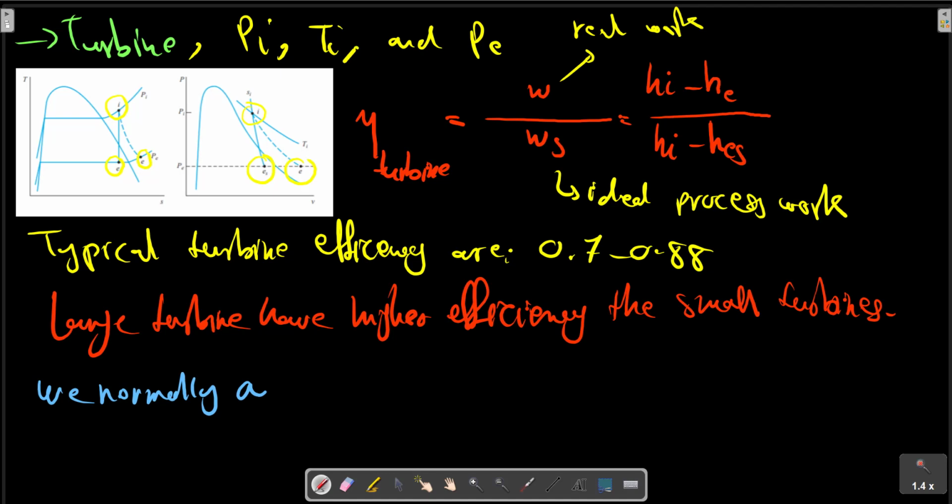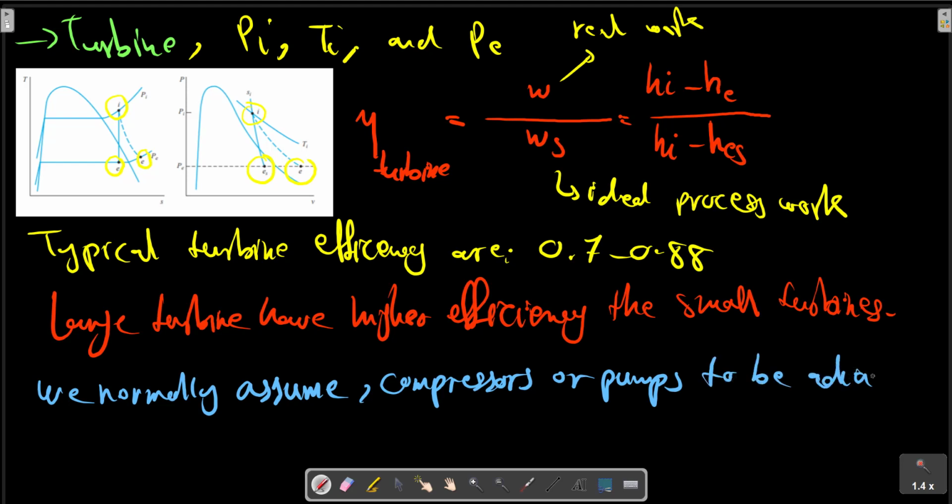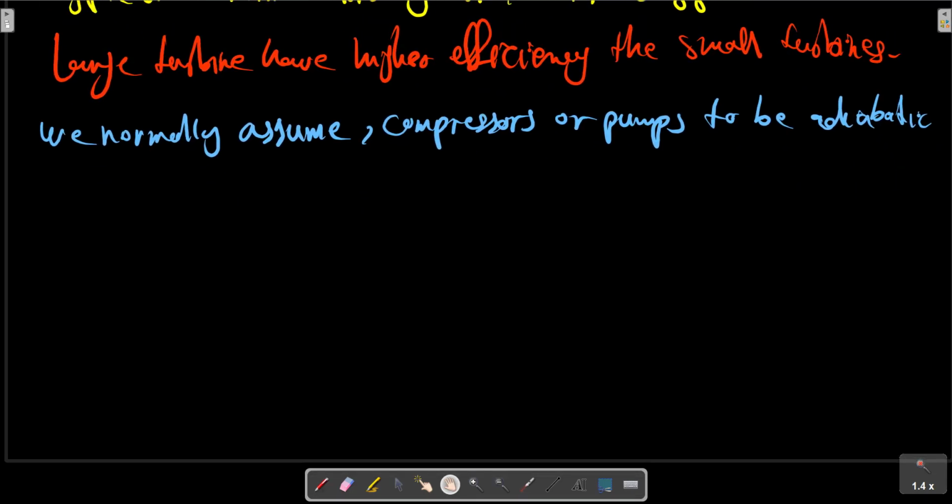In this case, the fluid enters the compressor at Pi, Ti, and the condition at which it exits, Pe, is the reason for building the compressor.